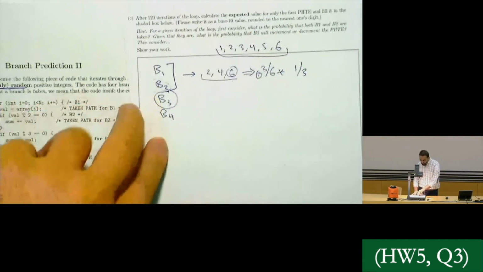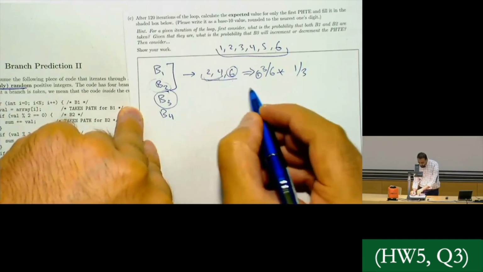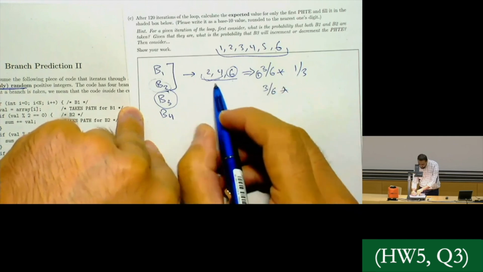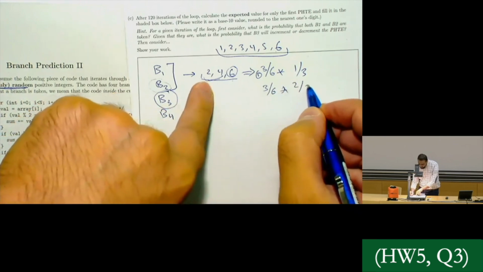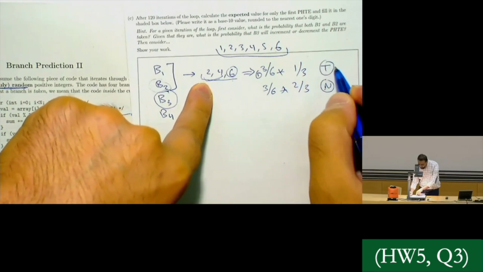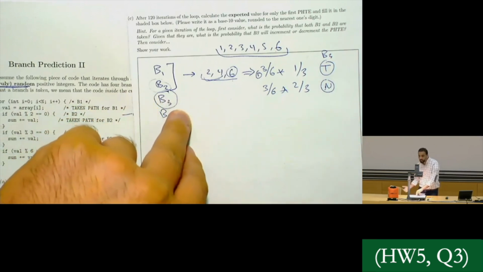Now, for B3 to be not taken, which is the other two values, it's 3 out of 6 multiplied by 2 out of 3. So this is taken, and this is not taken for B3. Now what's the total?